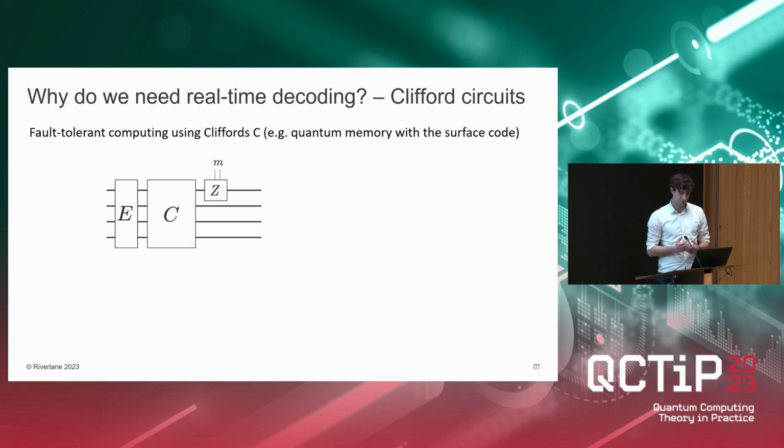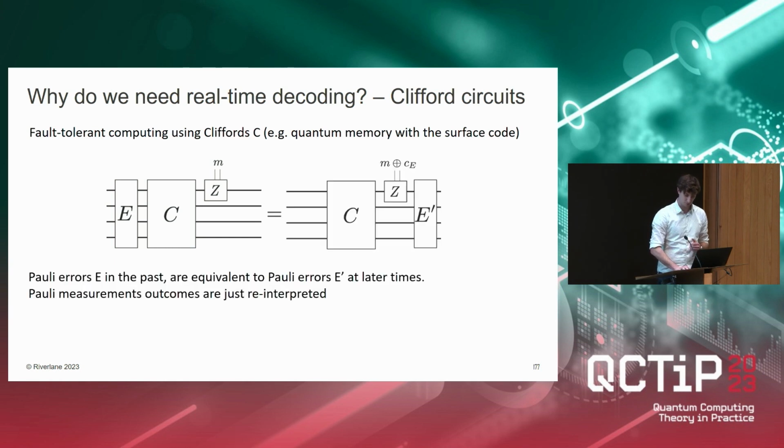In the case of Clifford circuits, as long as we can detect where errors happened, we can always commute these errors through the Clifford operations and reinterpret any measurements. This means that as long as we store the syndrome data, we can always decode this later and reinterpret the measurements, and then we can just decode in post-processing, and that is sufficient.